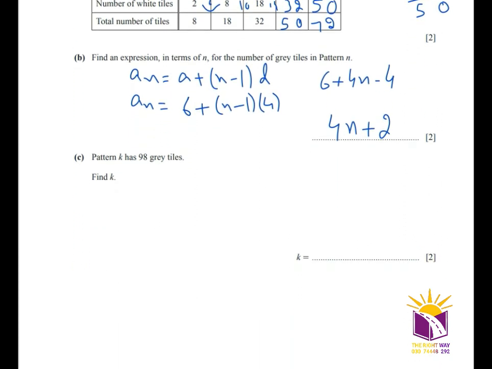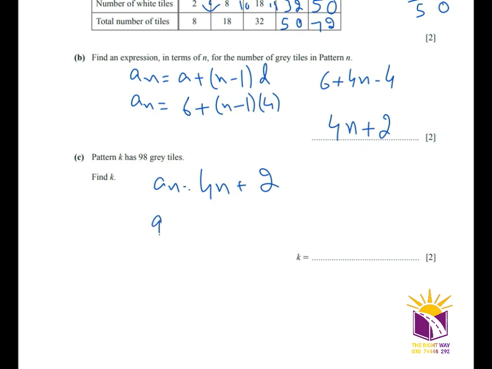Now pattern K has 98 gray tiles. Find K. We are going to use the formula, sorry, now we are not using a plus, we are using an equal to 4n plus 2 because we have found the nth term.